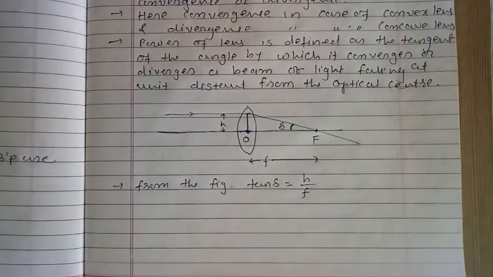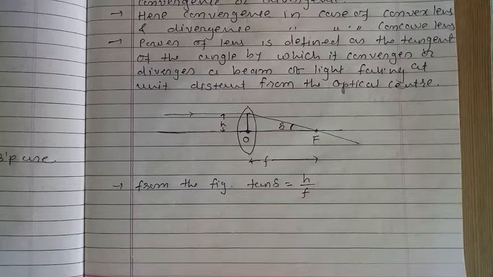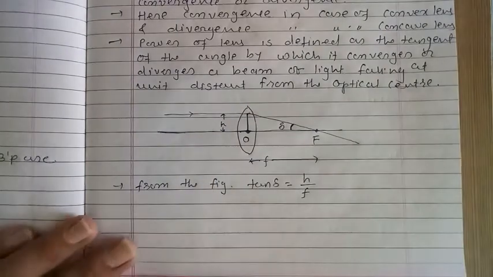But we know that the angle is very small, and if the angle is very small, then we can take tan delta is equal to delta, because we know that if the angle is small, then sin theta is equal to tan theta is equal to theta, right? And if we say that the height of the object is 1 meter, so we take h is equal to 1.